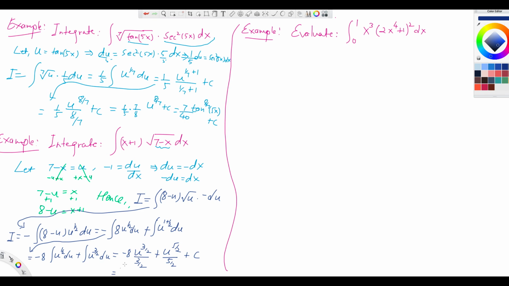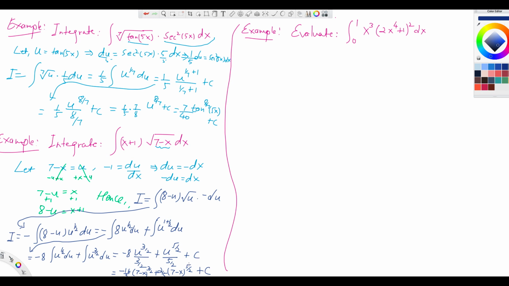So that will be 8 times 2/3, right? So it will be negative 16 over 3, and then 7 minus x to the 3/2, that is the value of u, and then plus 2/5 times 7 minus x to the 5/2, and then plus c is the final answer.